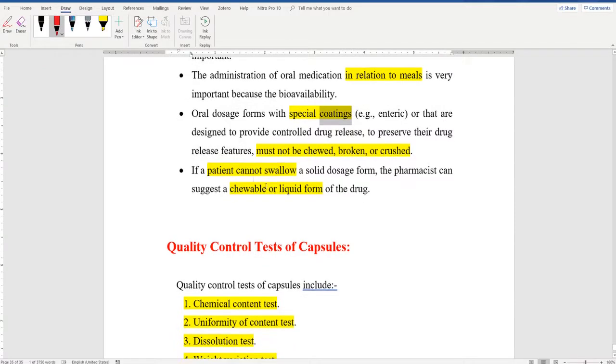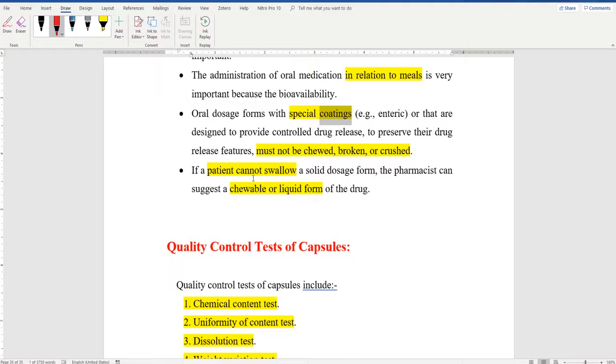Okay, another thing, suppose the patient is not able to swallow a solid dosage form, what happens? In this case, you may suggest that the patient take a chewable dosage form, like chewable tablets, or you can suggest a liquid form.